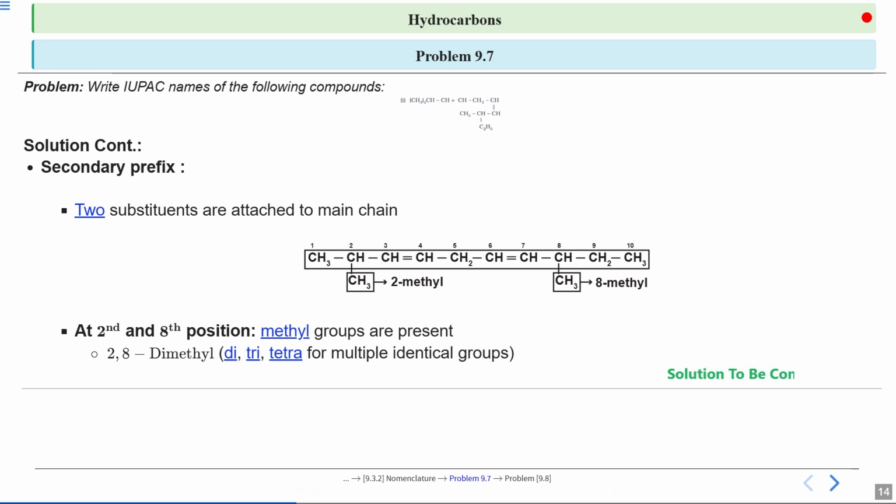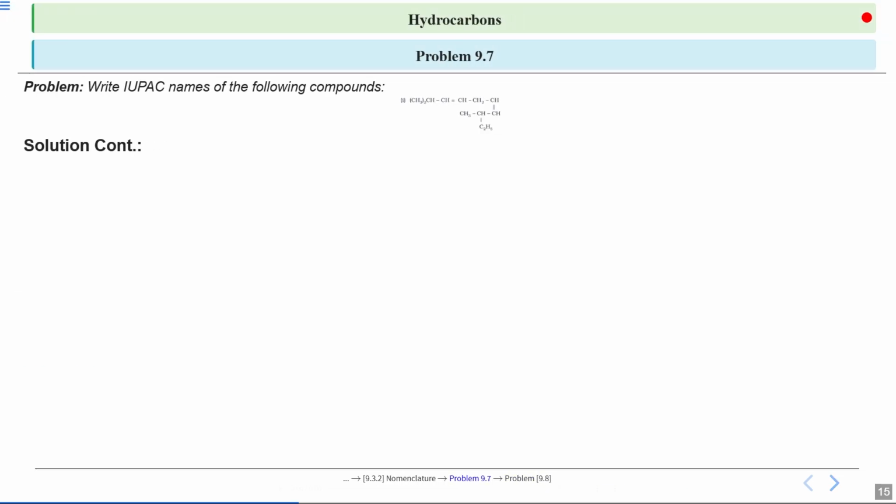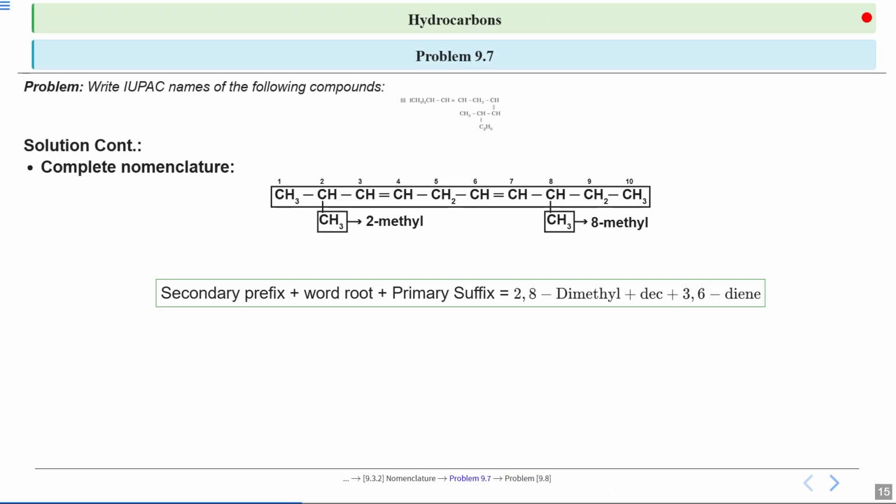Now moving on further, next is putting the given suffixes and prefixes into the complete nomenclature. We have 2,8-dimethyl as the secondary prefix, dec as the word root, and 3,6-diene as the primary suffix.